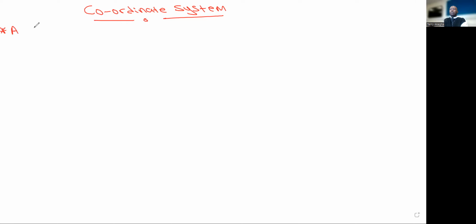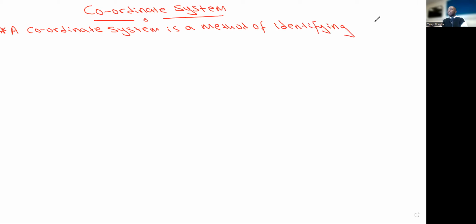A coordinate system is a method of identifying the location of a point on the earth, okay? So it's a way of locating or identifying a point on the earth.